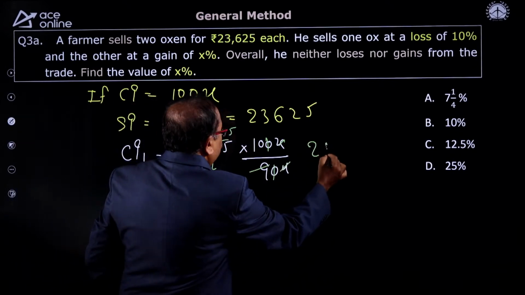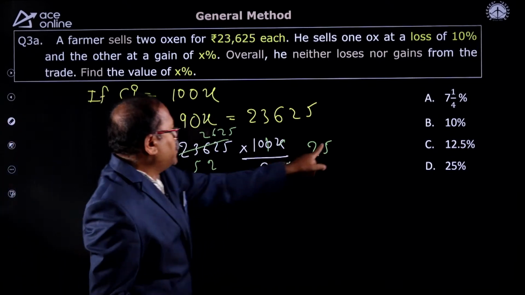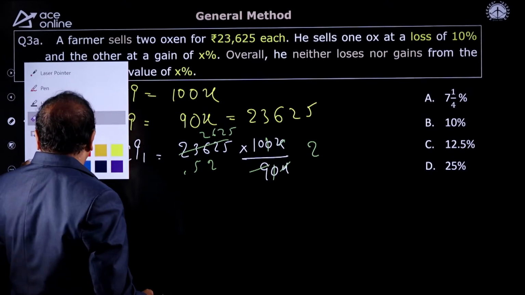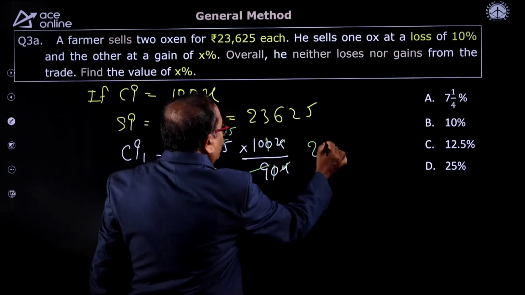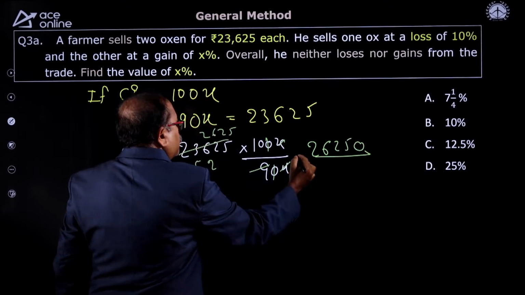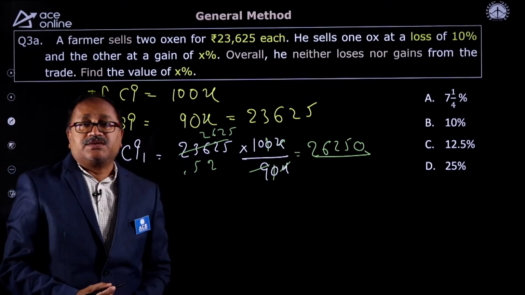Come on, my friends. We together will practice every day for 1 hour. So it is 26250. This is what I get as the cost price.